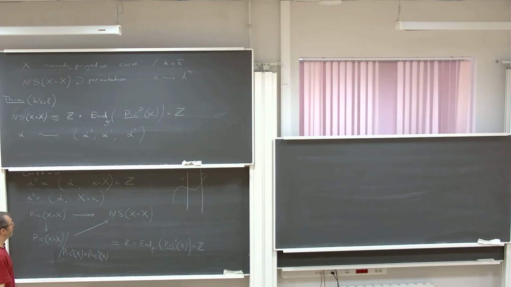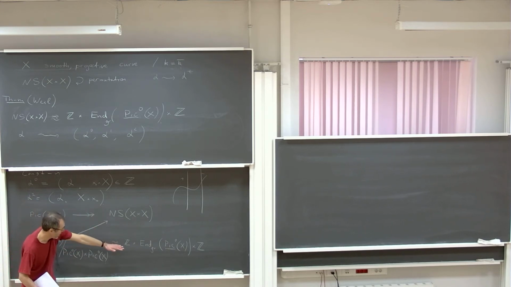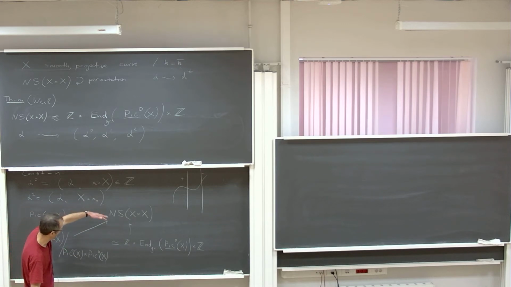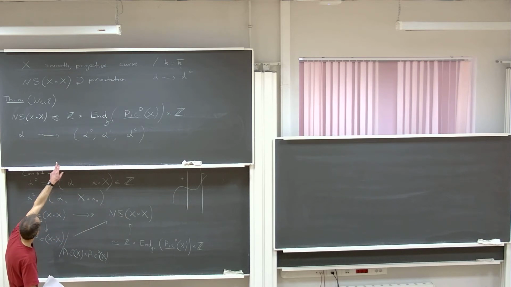Good. So this shows that this map from the Picard group of X times X to this factors through the quotient, and the quotient is isomorphic to this, and therefore we get a map. Okay. So the theorem, of which I didn't give a complete proof, but I indicated the construction in the inverse direction, is that this map is an isomorphism.